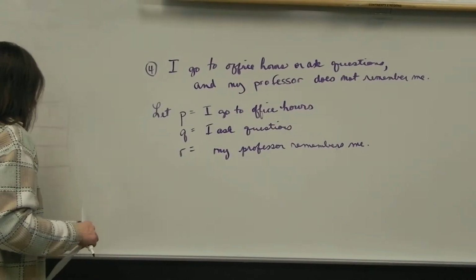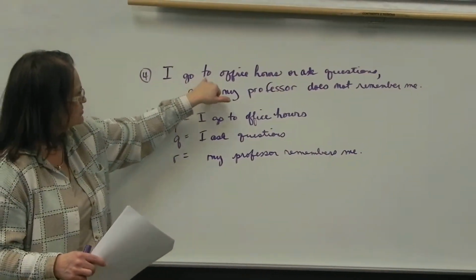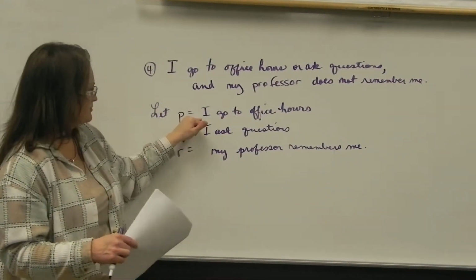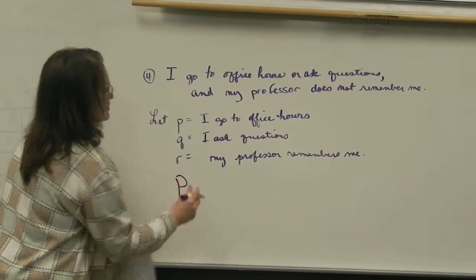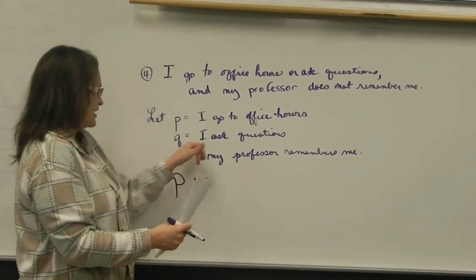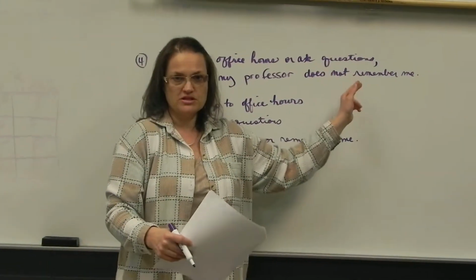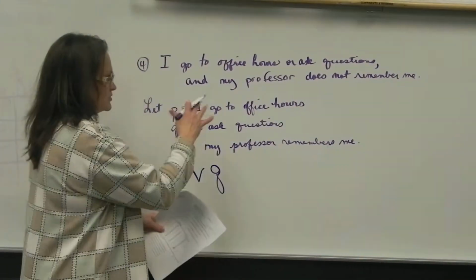All right, so we need to write out symbolic language for this sentence. I go to office hours. That was statement P. Or ask questions. Remember, or is a V, and I ask questions is statement Q. Notice then we have this comma. So we're going to have more complicated with the 3 parts.